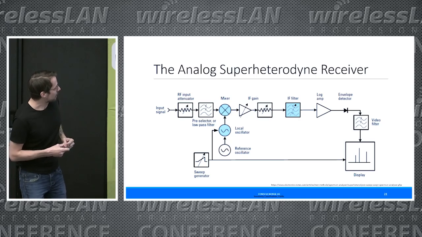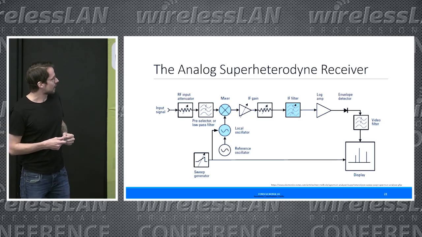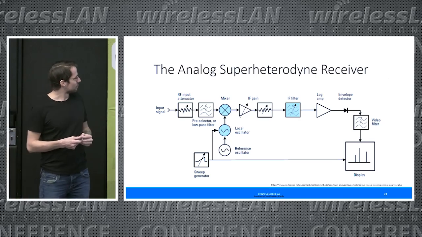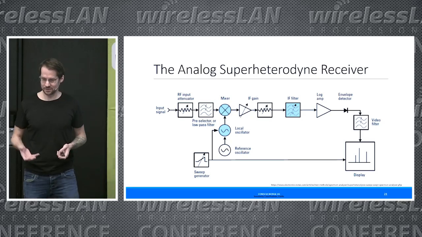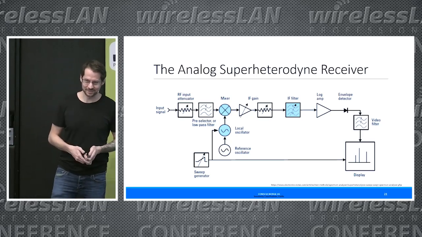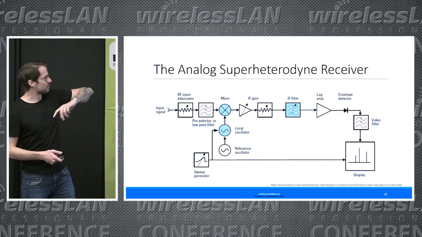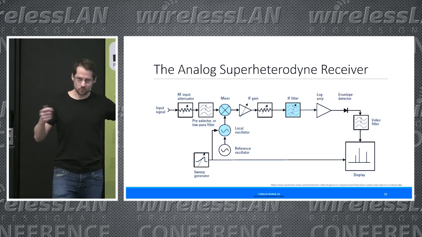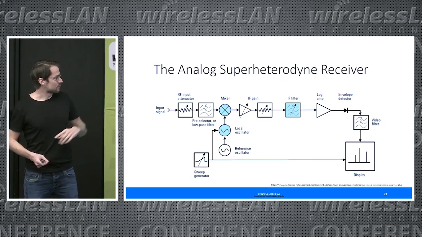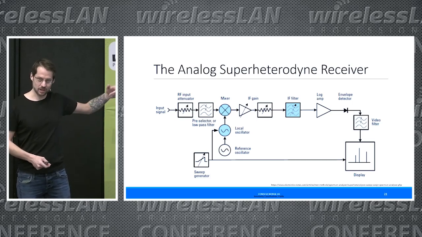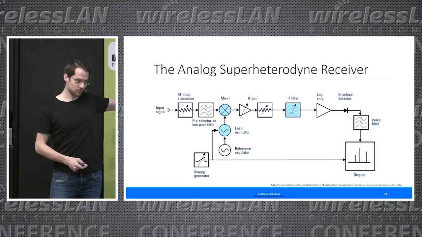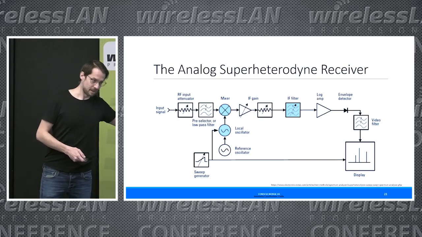I think everyone of a certain age may remember the heterodyne receiver. Everyone had it, a typical AM/FM radio, where you tune the dial. You have an RF input, a mixer, a local oscillator, and an intermediate frequency. The mixer mixes the input signal with the local oscillator and creates an intermediate frequency by down-converting the signal.